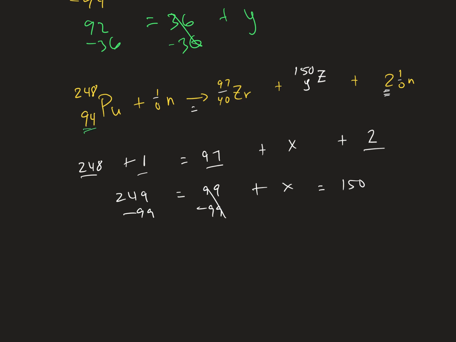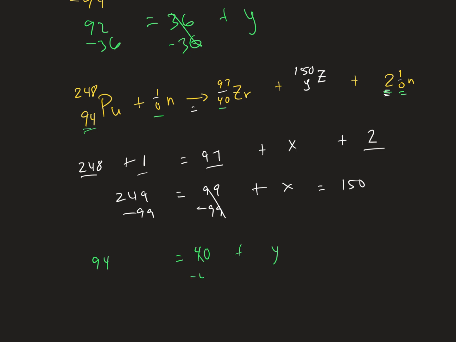Now let's check the atomic number, or the charge. So we start with 94 plus 0, we don't have to worry about that, is equal to 40 for zirconium plus Y, we don't know what Y is, and 2 times 0 is still 0. So that's it.